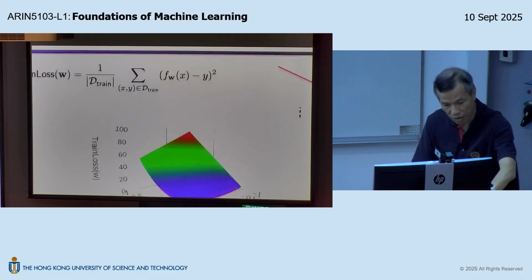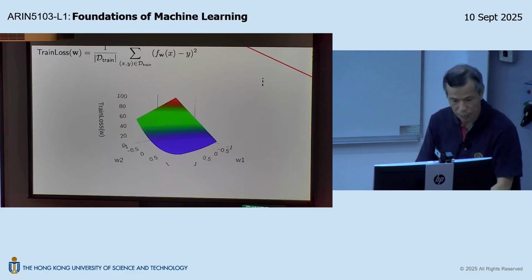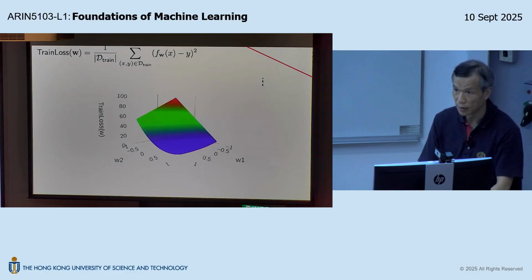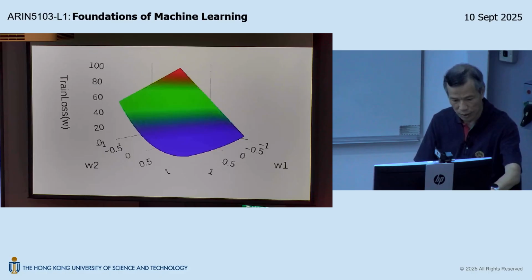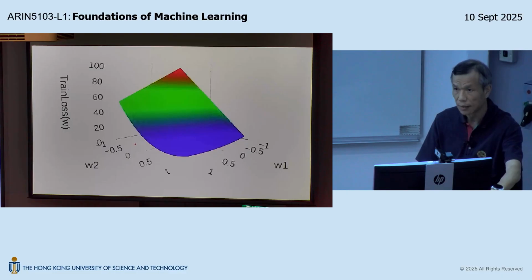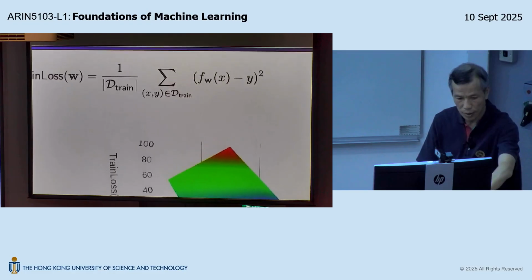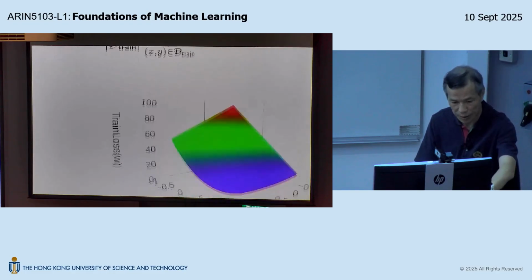Diagrammatically, in our example, we only have two parameters in the weight vector, W1, W2. So this is the W1, W2 space, or the weight space. You can pick a particular W1, W2, plug it into this equation, and obtain the corresponding loss.